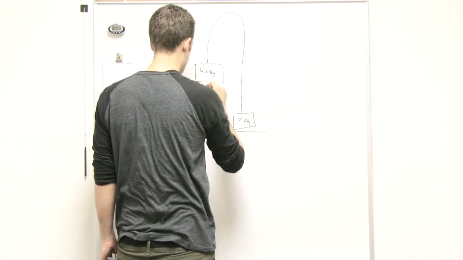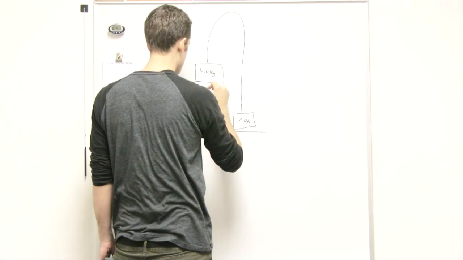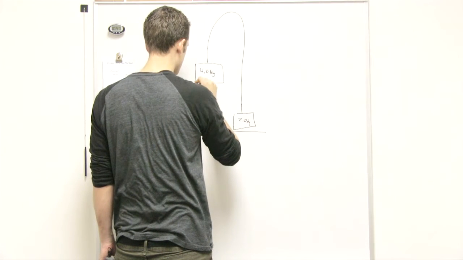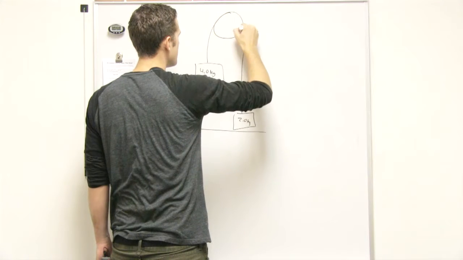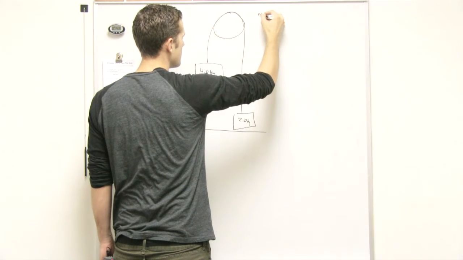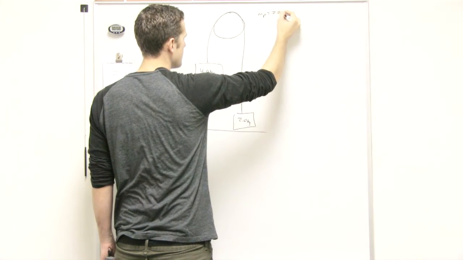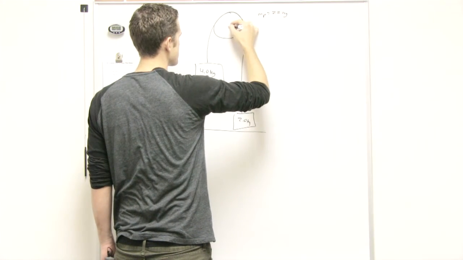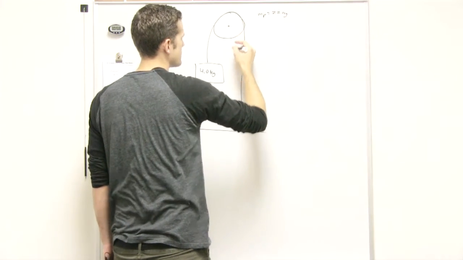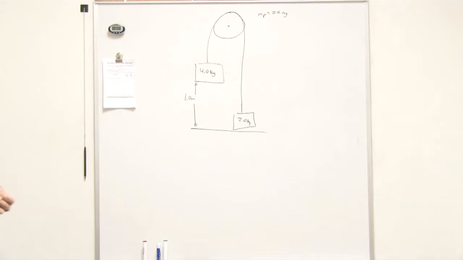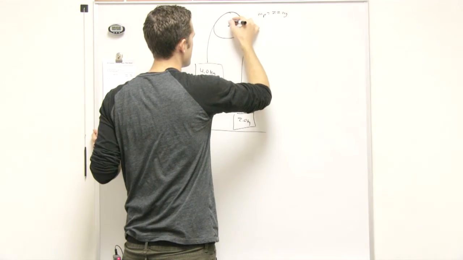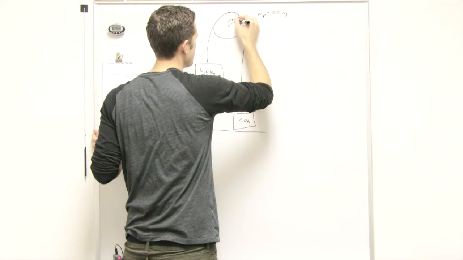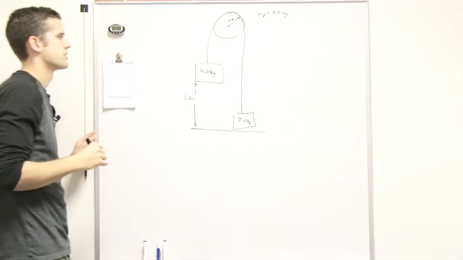The pulley is 16 centimeters in diameter and has a mass of 2.2 kilograms. What's its friction? Sorry, the diameter is 16 centimeters. So that'd be 0.08 meters in radius.